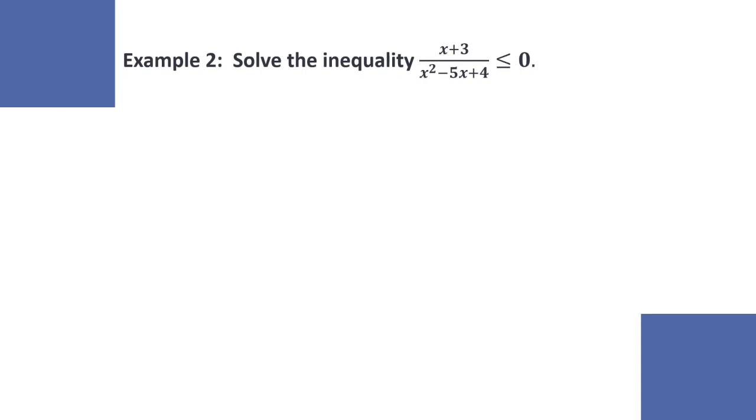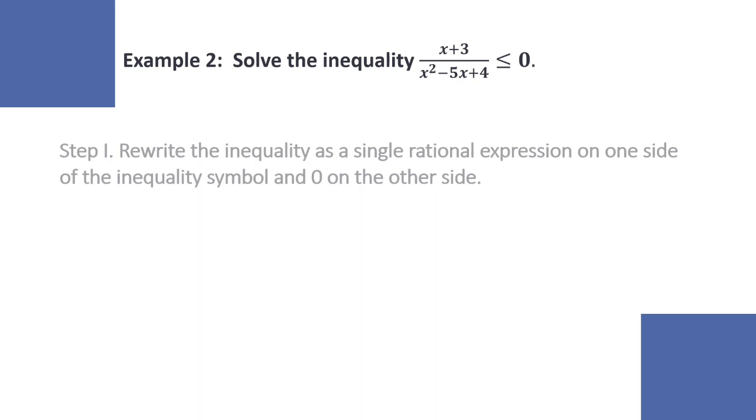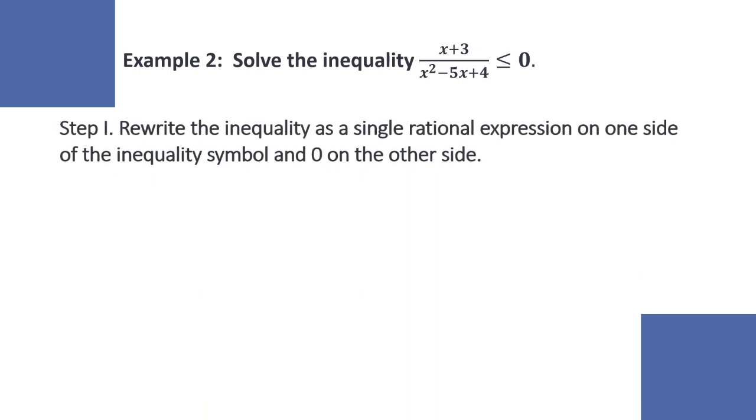Example number 2: solve the inequality x plus 3 all over x squared minus 5x plus 4 is less than or equal to 0. The first step is to write the inequality as a single rational expression on one side of the inequality symbol and 0 on the other side.